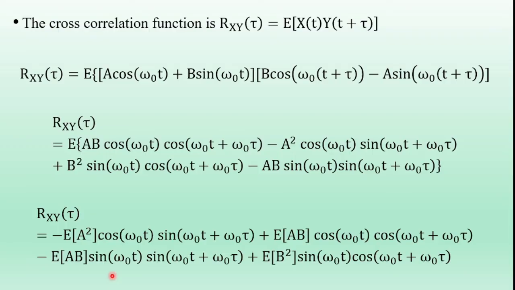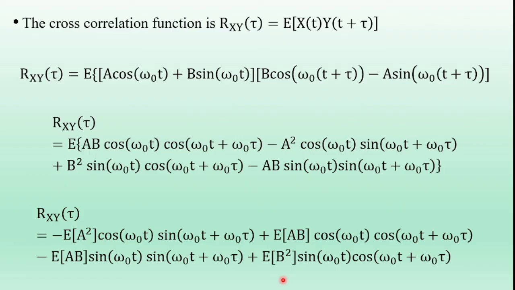Now applying the given data in this equation: given that expectation of A and expectation of B are 0, then expectation of AB is also 0, and also given that expectation of A square is equal to expectation of B square. Applying the given data, the second term and third term are 0, and in the fourth term substitute expectation of B square as expectation of A square.